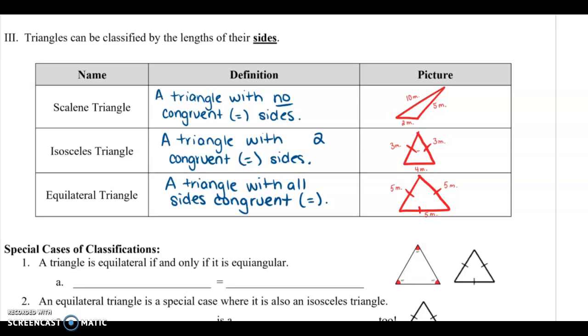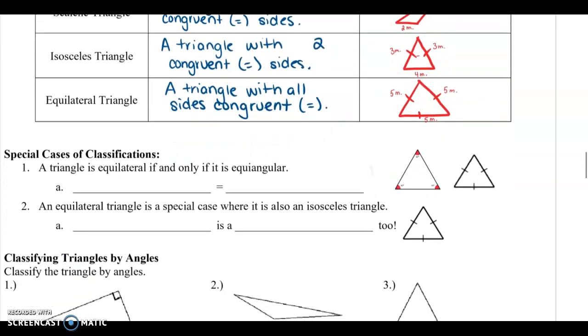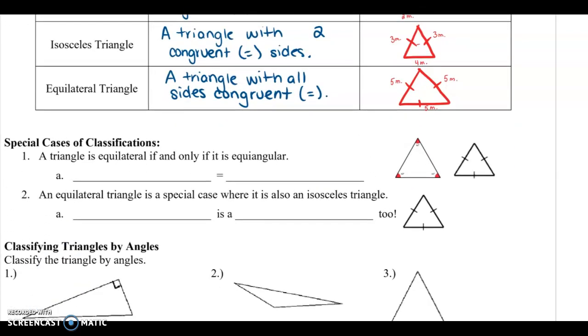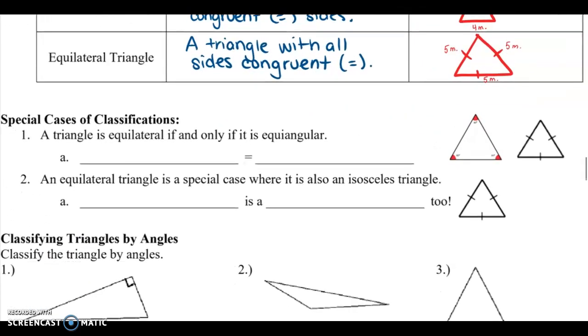All right, there are some special cases. A triangle is equilateral if and only if it's equiangular. So basically that means that if you're going to write that a triangle is equilateral, it's the same thing as equiangular. So if it's equilateral, which means all the sides are equal, which is what I've got here, it's the same thing as saying you have an equiangular triangle.